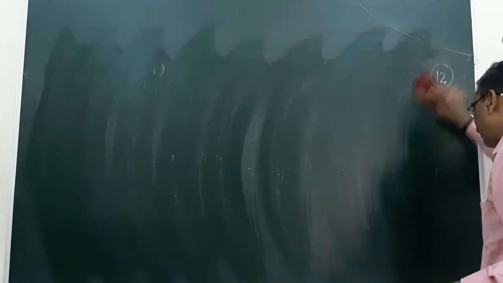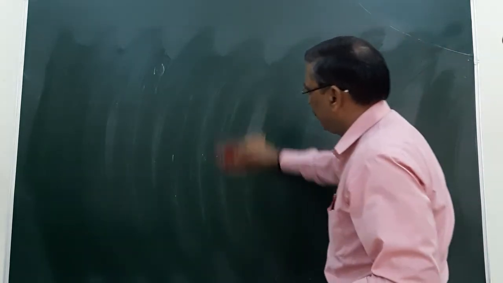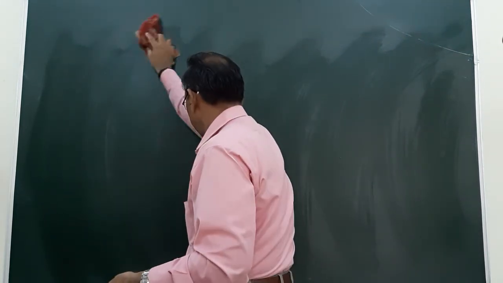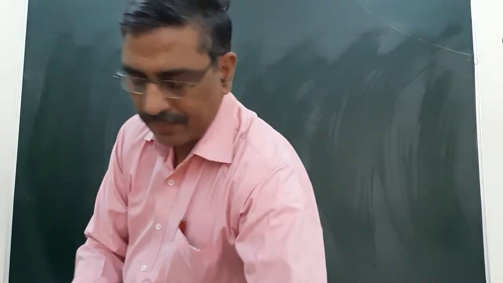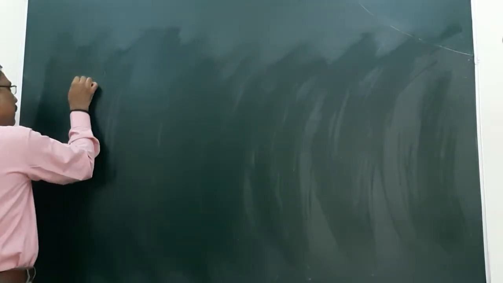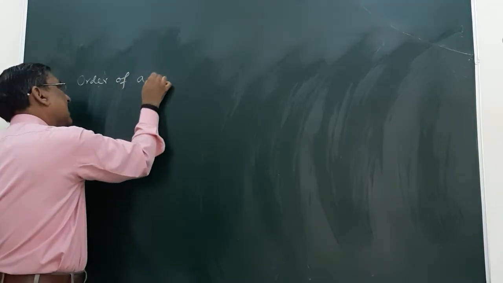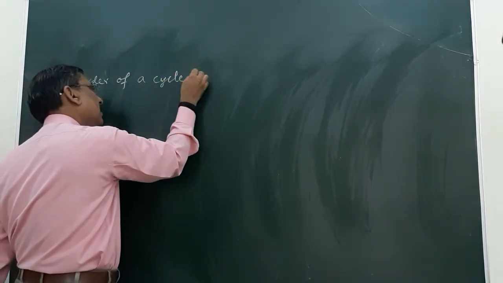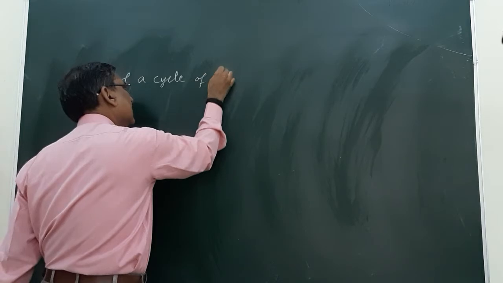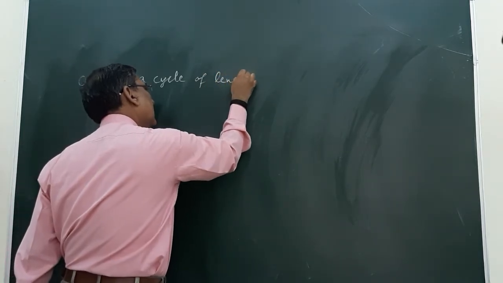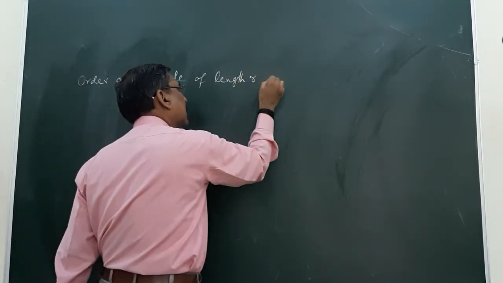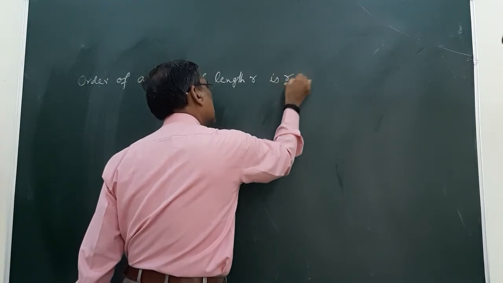In general, what we can do, say, the order of a cycle of length R is R. This we have to prove.